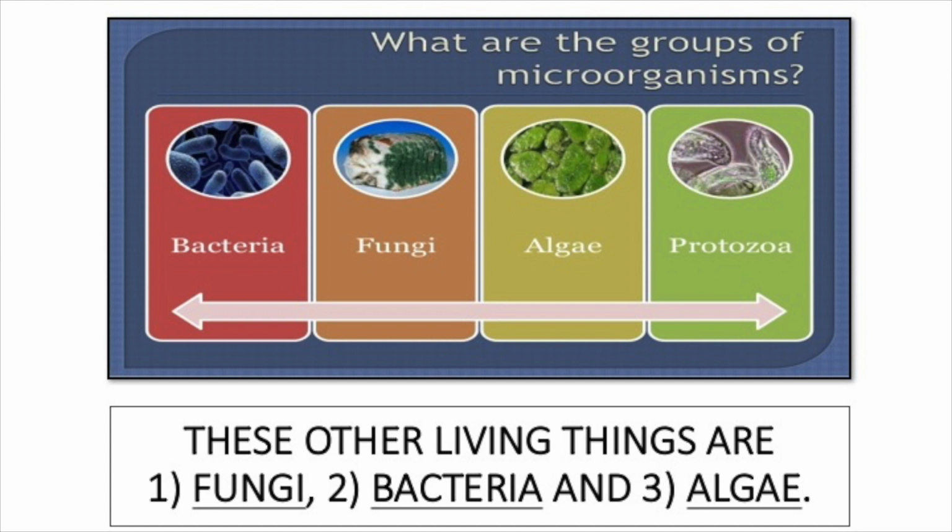Yes, we can see some pictures of them here. Now mentioned here is also a 4th group, but this is part of the bacteria group. So we'll just group it in with bacteria. We have fungi, bacteria, algae. So let's take a closer look at these different types of living things.